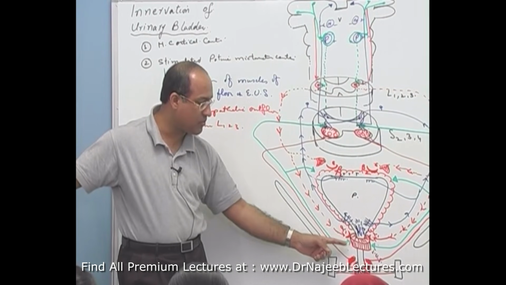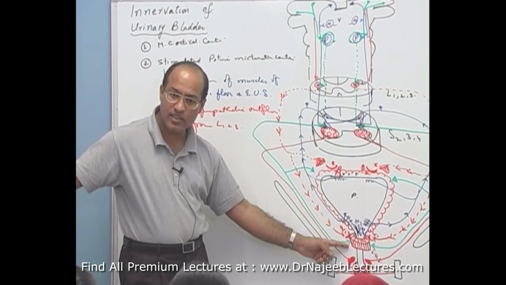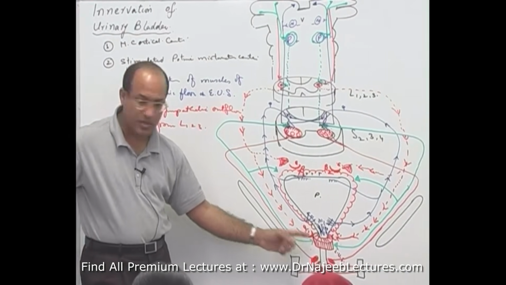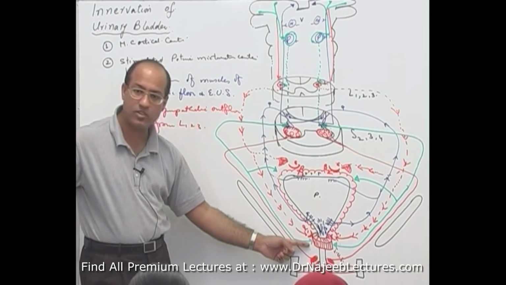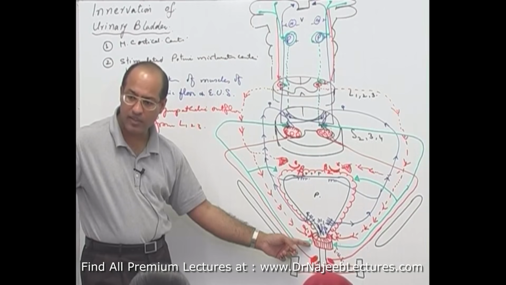At the same time, some fibers will go to the internal urethral sphincter, which will relax, because parasympathetic receptors present on the detrusor are stimulatory, and parasympathetic receptors present on the internal sphincter are inhibitory.